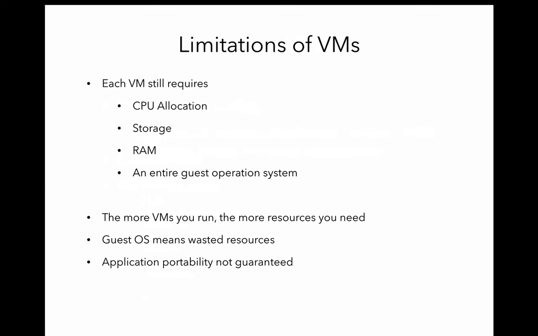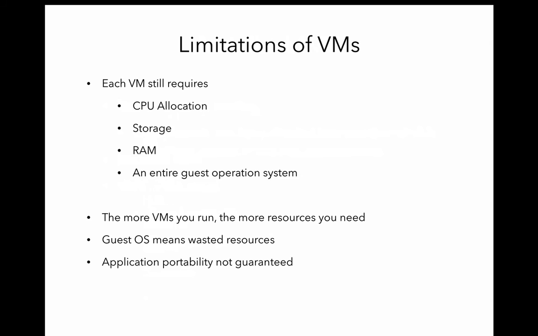But with the benefits, there were limitations. Each VM still required CPU allocation. So in a physical machine, if you have an 8 core CPU, when you're creating a virtual machine, you still had to allocate a CPU. Storage you need, hard disk, RAM, memory you need, and an entire guest operating system is what you need for a virtual machine to come into existence.